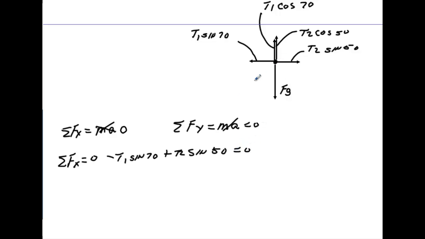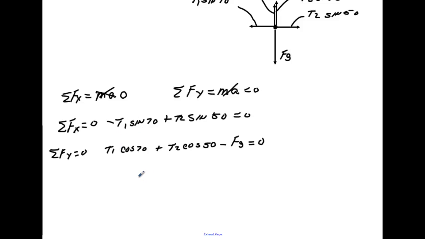I look at my y components: the summation of forces in the y is equal to 0. I will have T1 cosine 70 plus T2 cosine 50 minus Fg, my force of gravity, must equal 0.